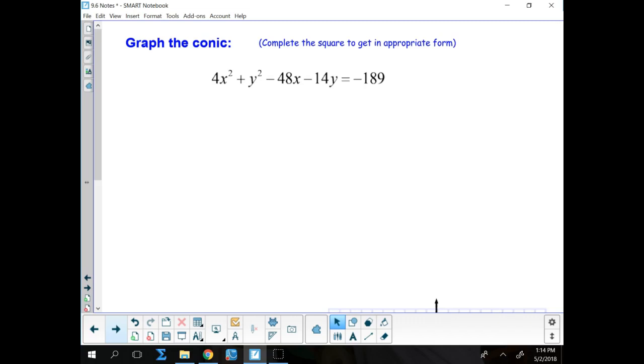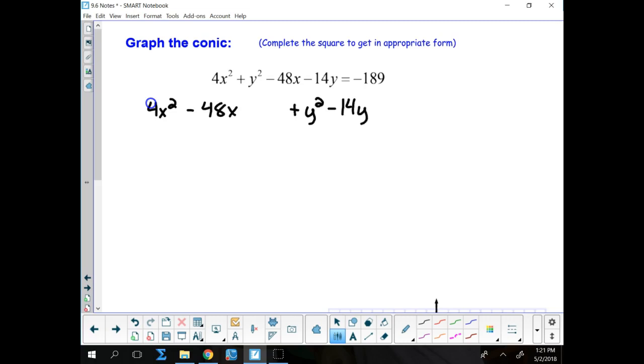Try that one. Graph it. So it is an ellipse, two square terms, addition sign, differing coefficients. So 4x squared minus 48x plus y squared minus 14y equals negative 189. Agree with spacing once.